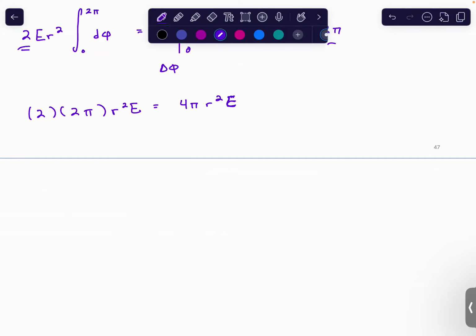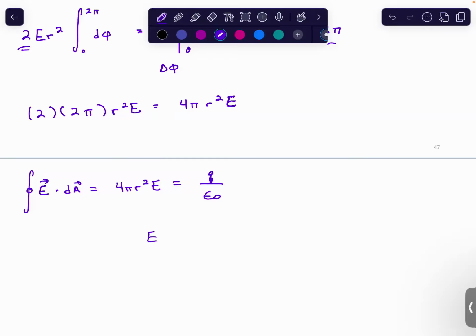So now we'll say our original surface integral, after solving it, equals 4 pi r squared electric field equals the Q inside over epsilon 0.